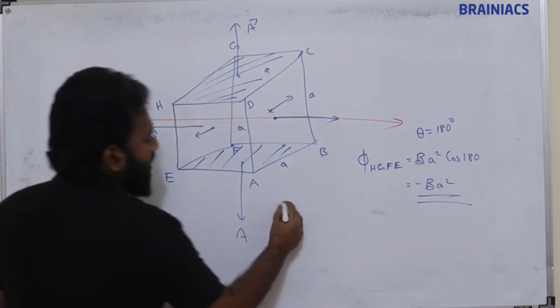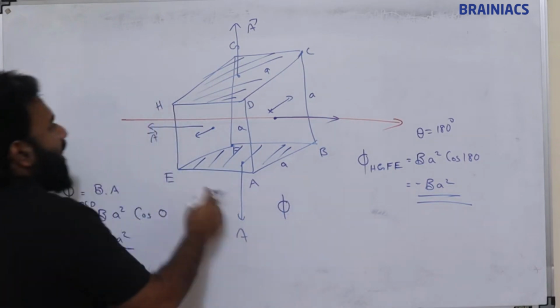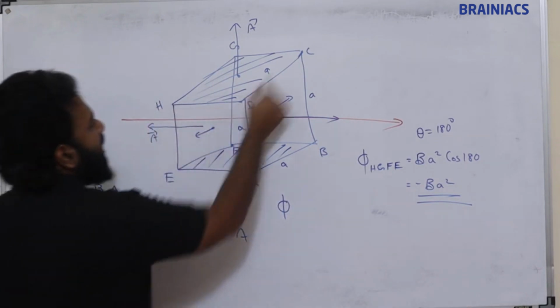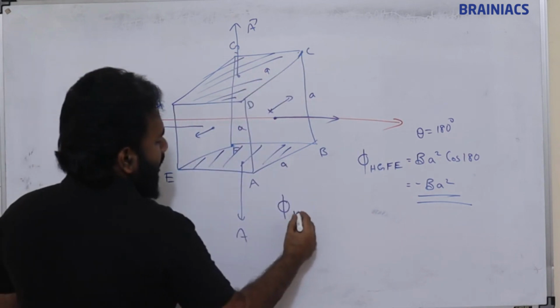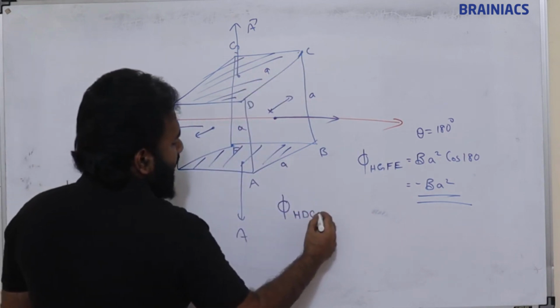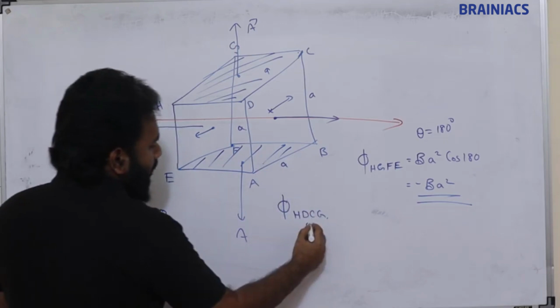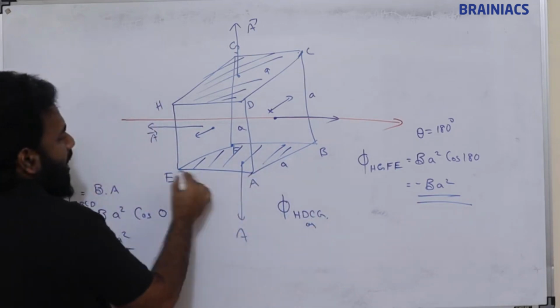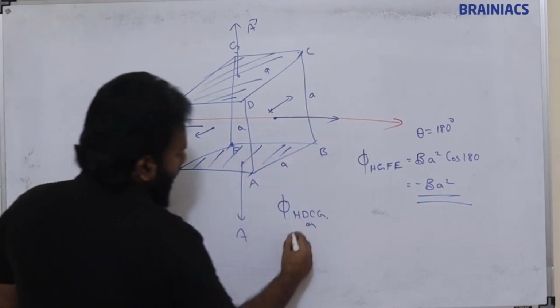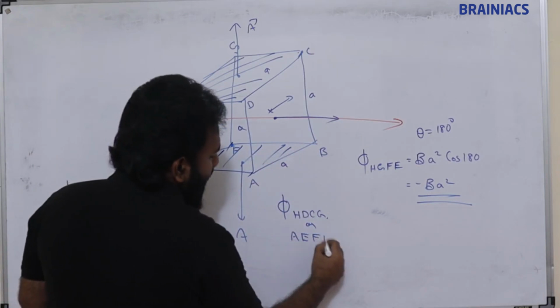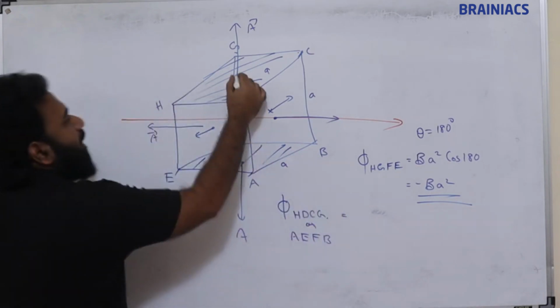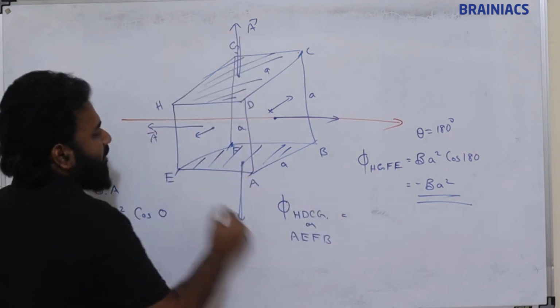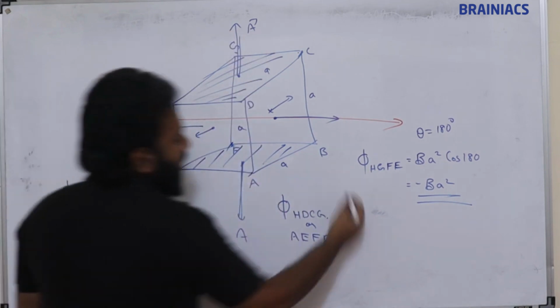Suppose they ask what is the magnetic flux passing through HDCG or AEFB. Here the magnetic field direction and the area vector are at 90 degrees.